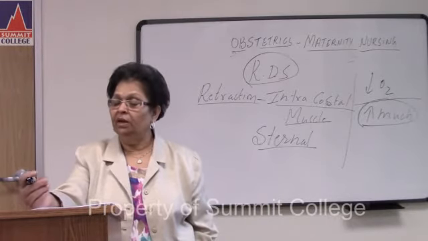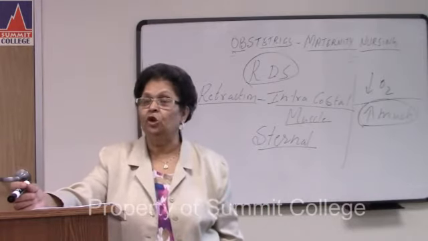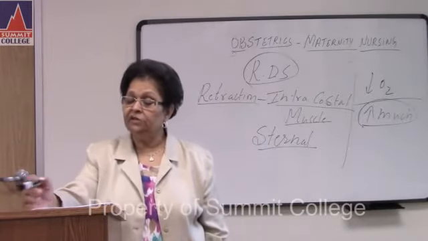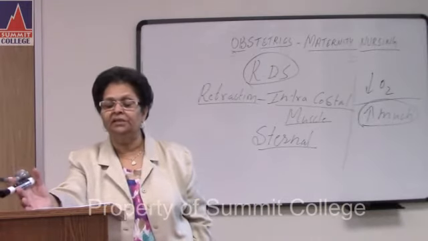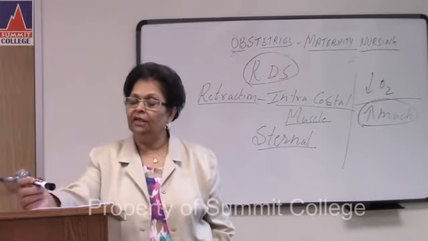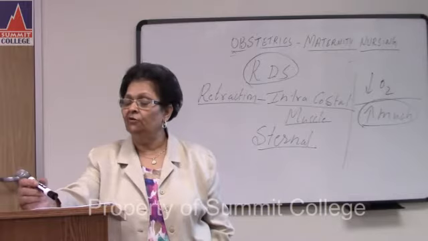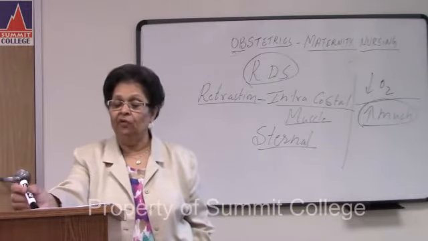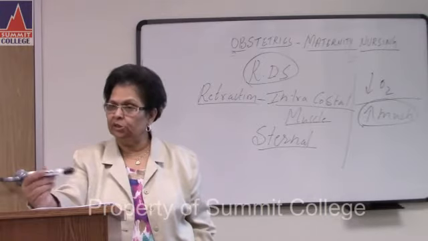Jaundice before that time, or after 6 to 7 days, is pathological jaundice. Physiological jaundice is normal. Pathological jaundice is when it comes early. So in the first line, physiological jaundice comes after the first 24 hours, and 48 hours in premature babies. So normally 6 to 7 days.